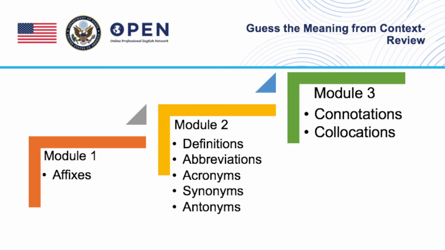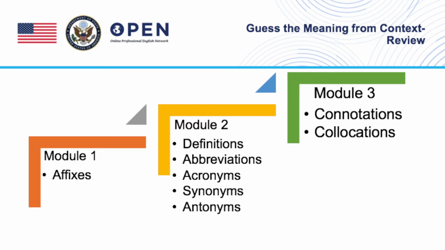Before we move on, let's review some of the techniques we have learned so far. We have learned about affixes, prefixes, suffixes, and roots or stems in Module 1. In Module 2, we learned to find the meanings directly in the text by identifying definitions, acronyms, abbreviations, synonyms, and antonyms.